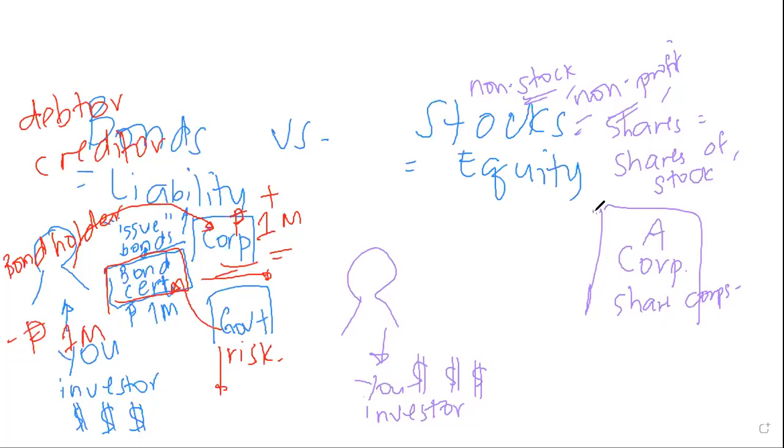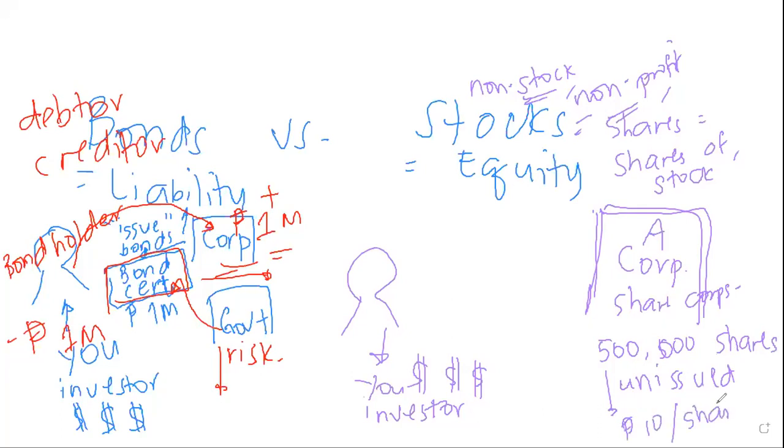So, for example here, si A Corp, naa pa siya available nga 500,000 shares unissued. O pa nabaligya. So ikaw, let's say these 500,000 shares are being sold at 10 pesos per share. Ikaw, ganahan ka nga palito ni tibuok 500,000 shares.